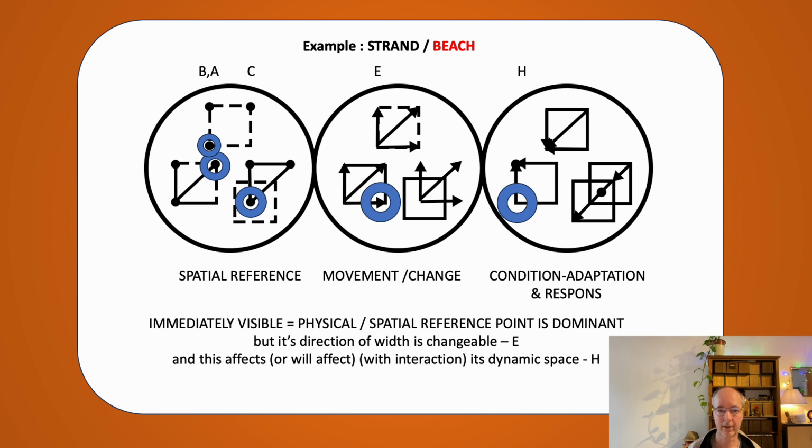There's only one element which is changeable. And what is it? Just imagine the beach. There's only one direction which is changeable, which is a reference point to its direction of width. So if you look at the beach, there's indeed only one direction which is changeable, which is the width of the beach. Nice.